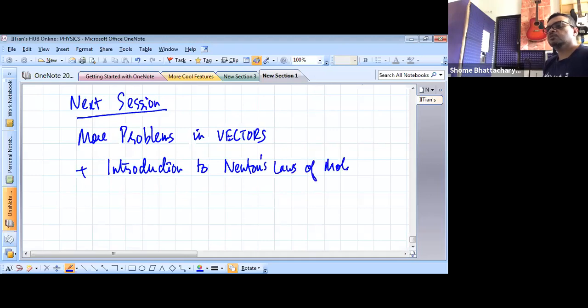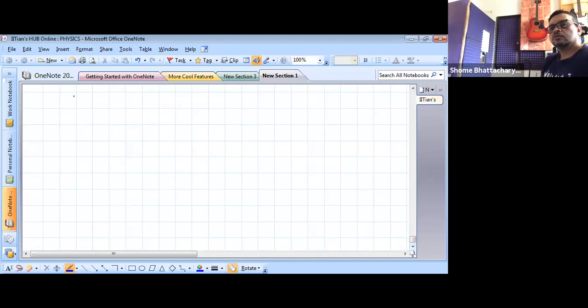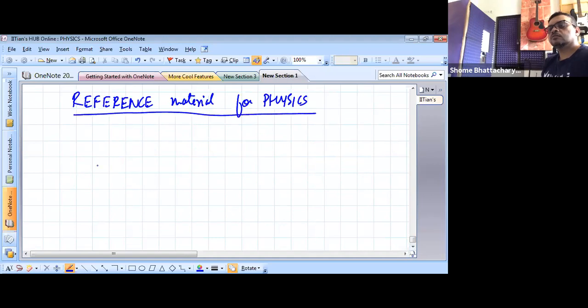So now that we are coming to Newton's laws of motion, I'd like to discuss some reference books that you can follow for physics. One is obviously the module of IITian. Along with this, you can also follow this book, Concepts of Physics.